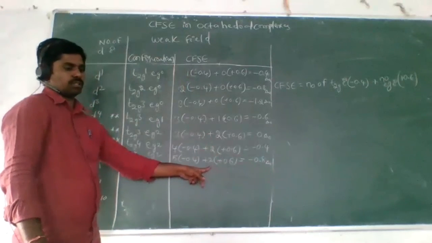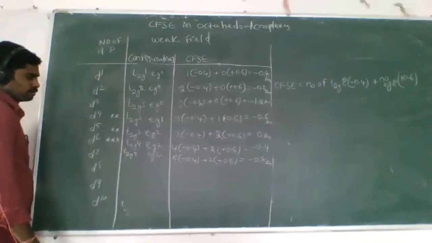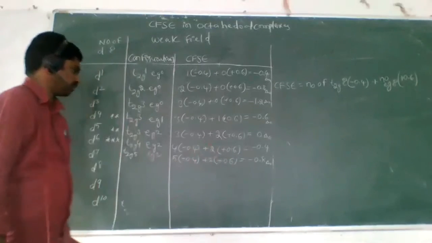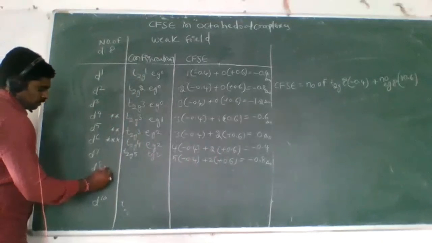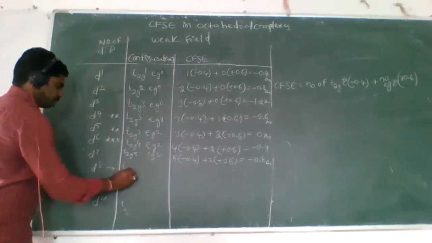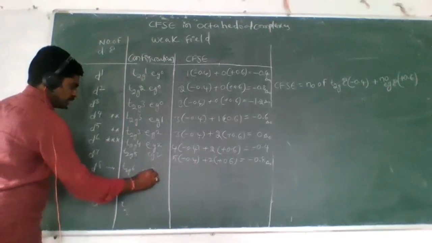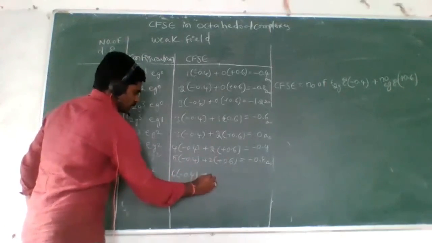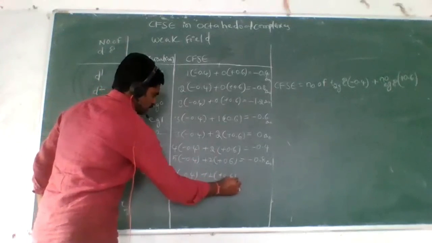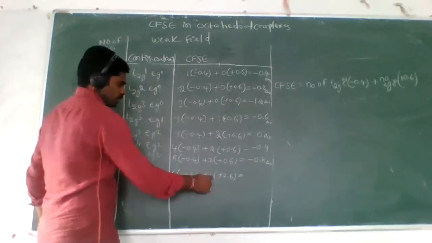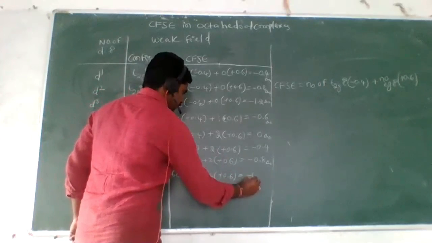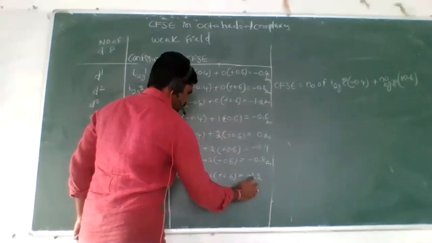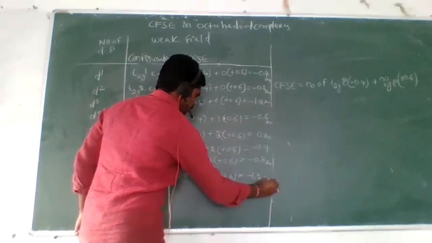Do you understand? 20 minus 12. Okay, next one, the eighth. t2g6 eg2. So 6 into minus 0.4 plus 2 into plus 0.6 equals 24 minus 12, so minus 1.2 delta naught. Very good.